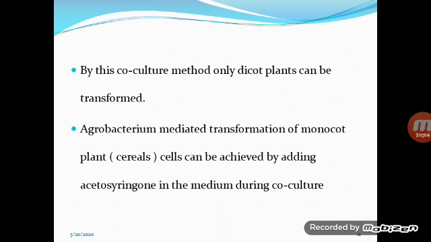By this co-culture method, only dicot plants can be transformed. Agrobacterium mediated transformation of monocot plant cells can be achieved by adding acetosyringone in the medium during co-culture.